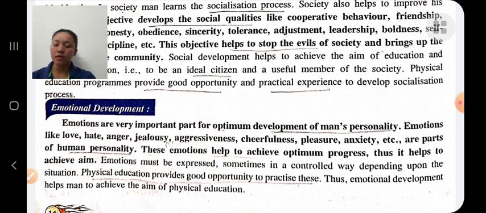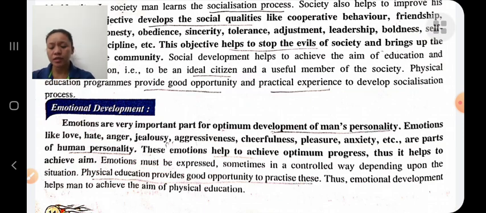If an individual participates in physical activity, he has to follow the rules and regulations. If a person participates in physical education, he gets practical experience of these emotions.